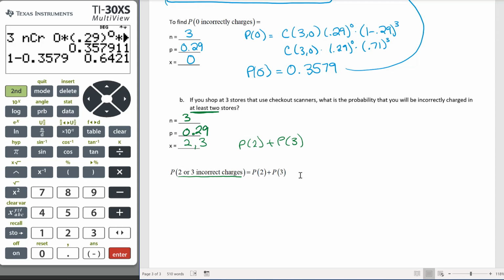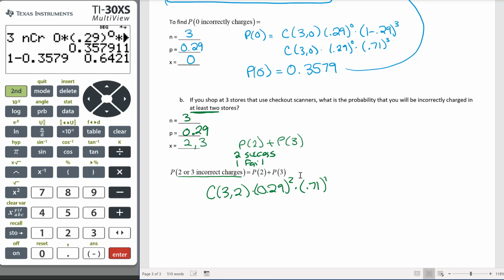The probability of exactly 2 incorrect charges is going to be the combination of 3 choose 2, times we have 2 successes, so that's 0.29 to the 2, times 0.71, which we got from subtracting 0.29 from 1 before, and that's to the 1. Okay, the probability of 2 means 2 successes and 1 fail.